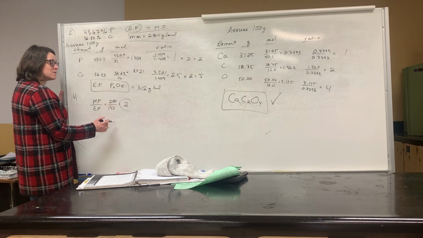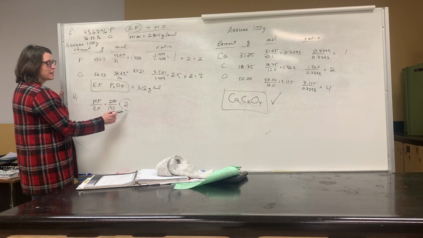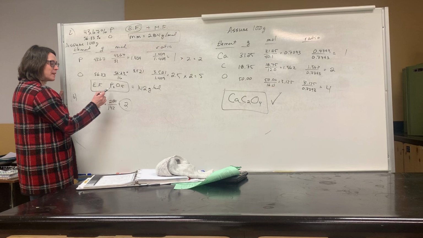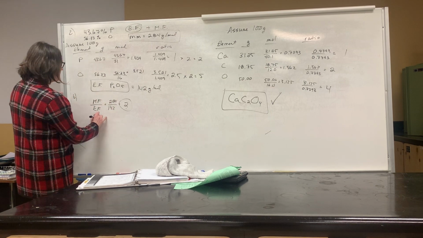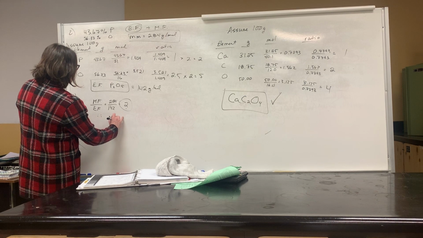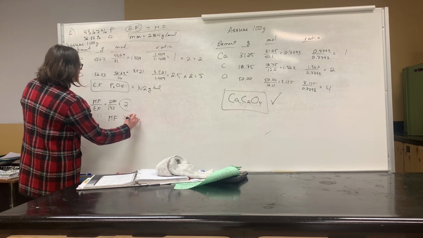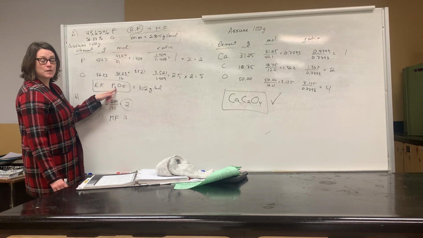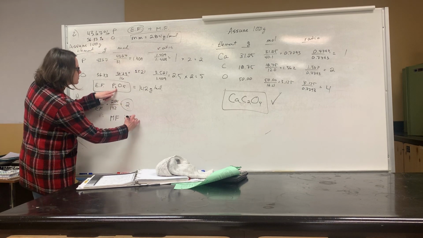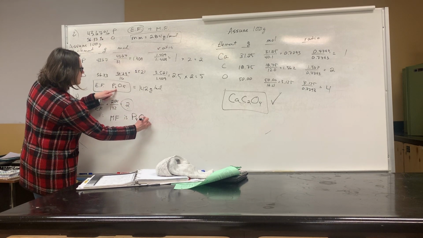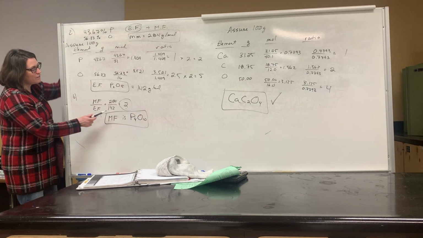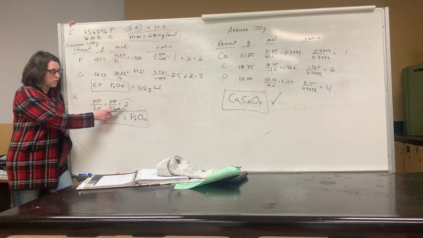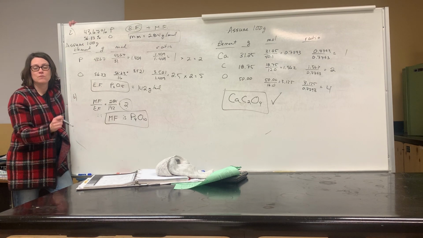Therefore, what that tells me is that the molecular formula is 2 times the empirical formula. So the molecular formula is, I'm going to take P2O5 and multiply it by 2. So it's P4O10. Now, if you don't get a whole number for this, you've done something wrong.